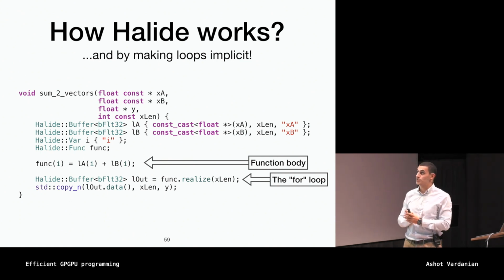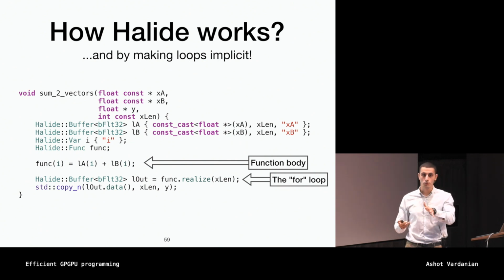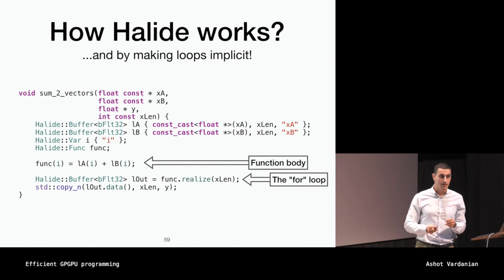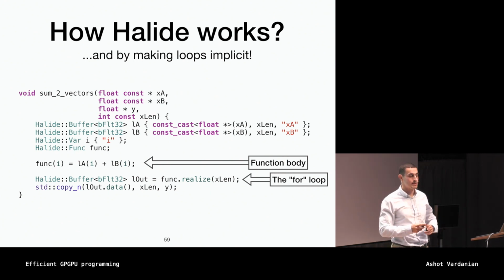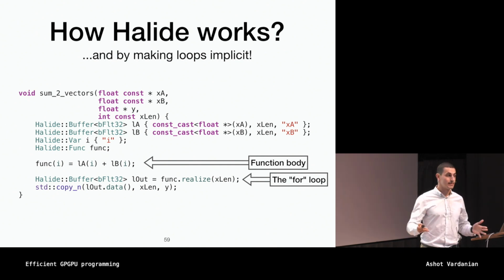This is our original function responsible for summing up two arrays, implemented using a special library / embedded language / compiler toolchain, which is called Halide. Halide was designed in 2013 at MIT, specifically for image processing purposes. And the beauty of it is that it makes loops implicit.